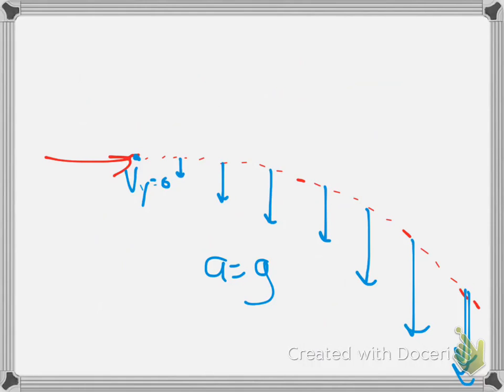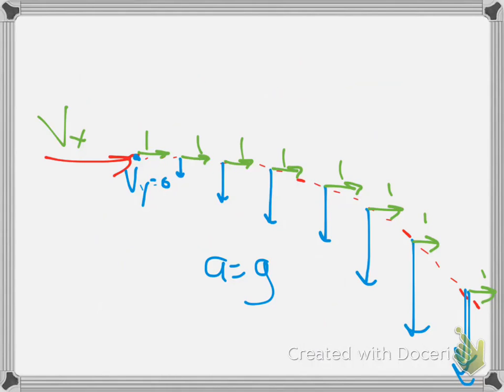Okay, there's a force on it, right? But what about all the stuff that's going on in the x direction, it going forward? Okay, it turns out that there is no force, there's no push or a pull or anything that causes the motion to change in the x direction. So whatever velocity we had at the beginning in the x direction is going to be the same here, here, here, and all the way down.